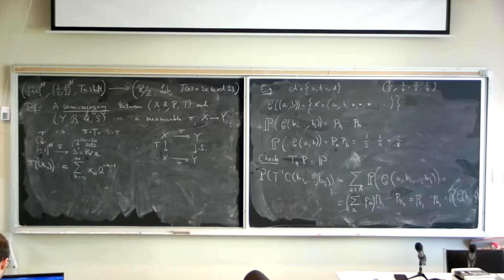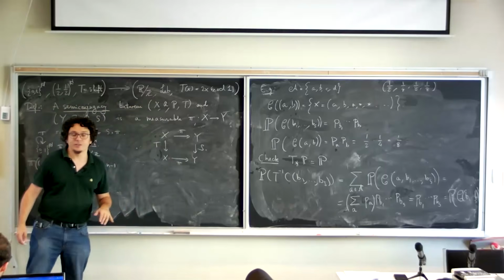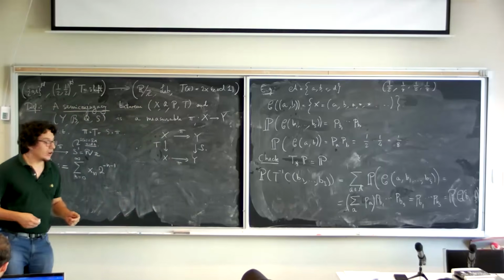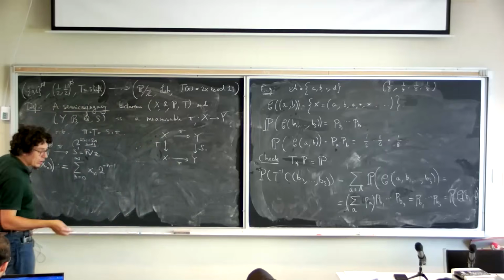Now, here's a question. Is this map an isomorphism between these two dynamical systems? Do you think these two dynamical systems are isomorphic to each other? What does it mean? It's a good question. Usually in math, what does it mean to have an isomorphism?